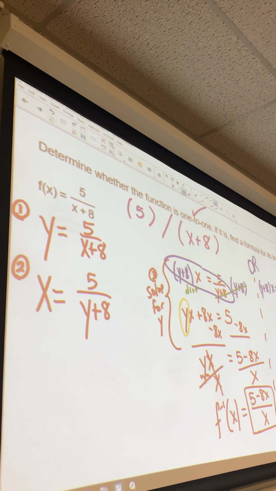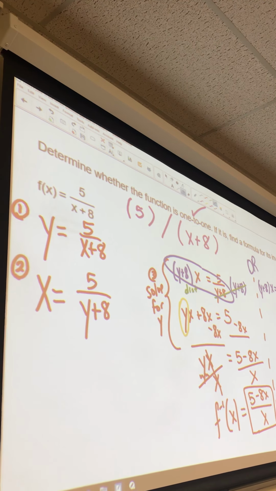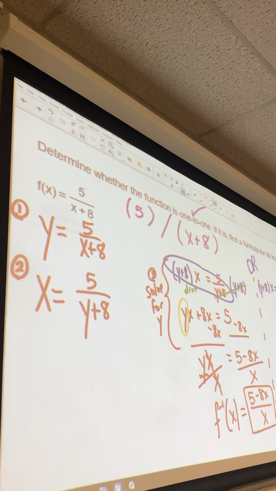All right, so what we could have done then, right here, instead of distributing, we're wanting that y by itself, and so we could have said, well, let's divide each side by that x right now. And so over here by the x.